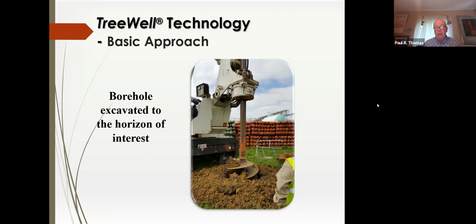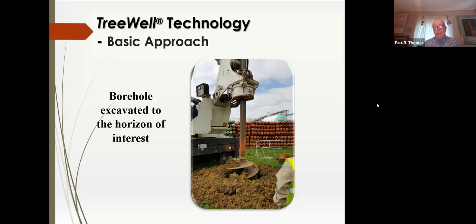We start off with a large diameter borehole that goes to our horizon of interest, whatever that may be, whether it's a layer in the fractured bedrock at 30 feet, or if it's a zone of glacial soil, at 15 to 20 feet. We start off by augering a large diameter hole down to this horizon of interest.